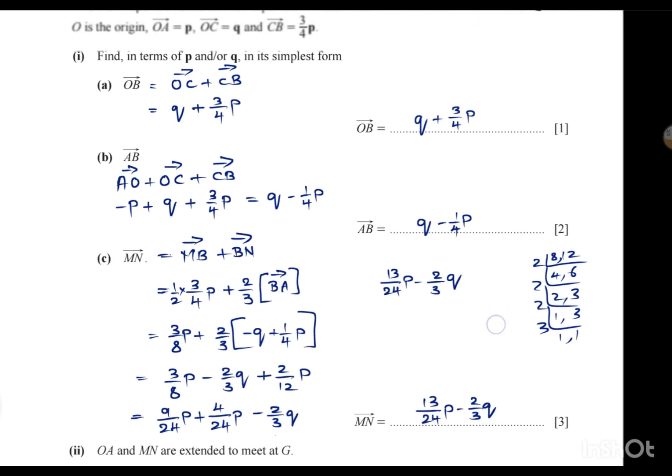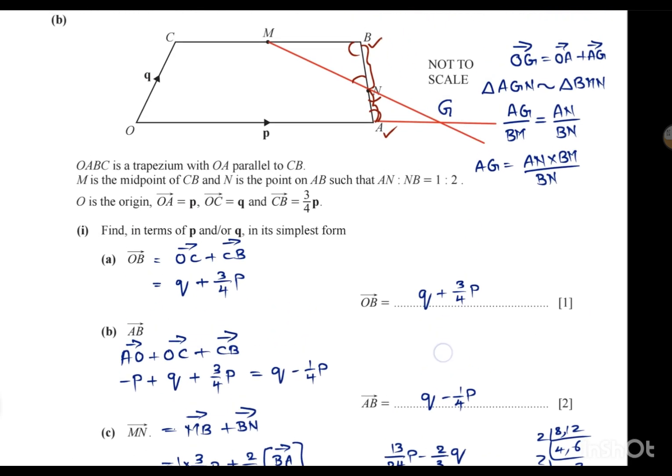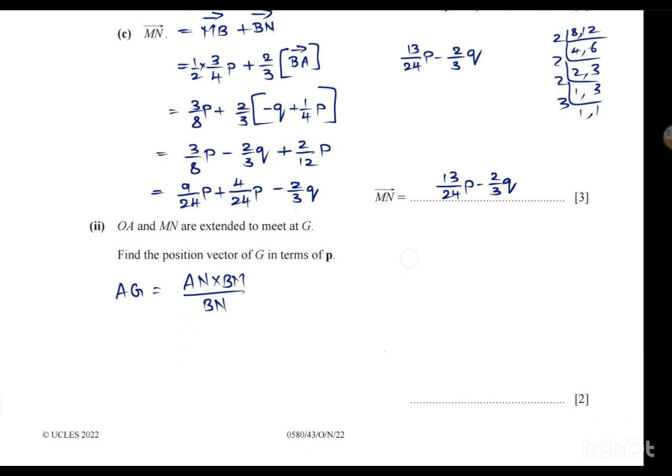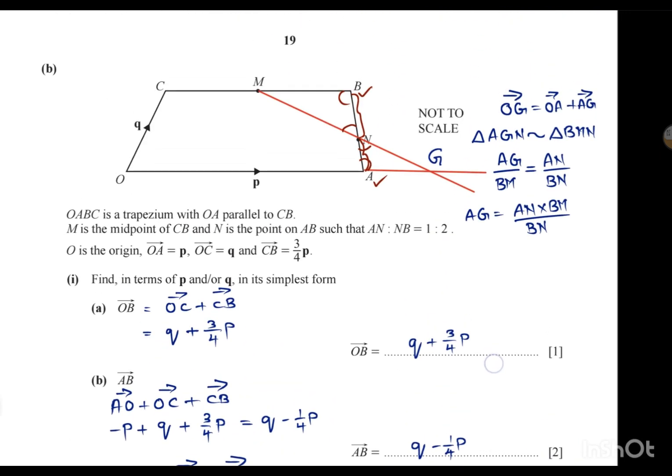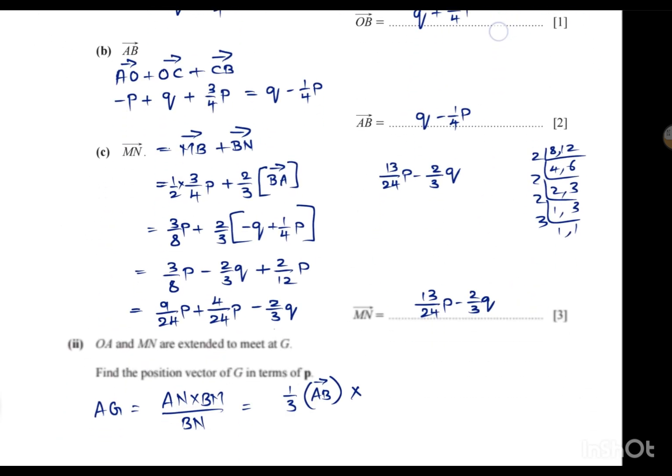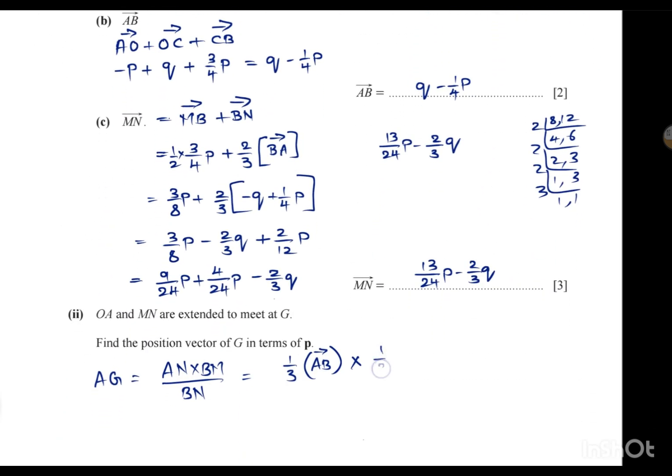Yes. So now what is AN? AN is 1 out of the 3 parts of AB. So this will be 1 by 3 of AB, which we already got. Then what is BM? BM is half of BC, so 1 by 2 into BC.